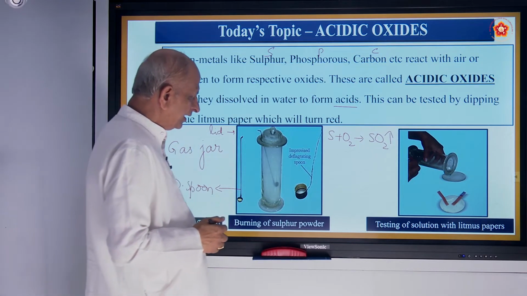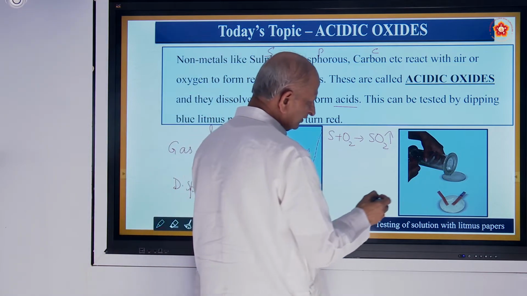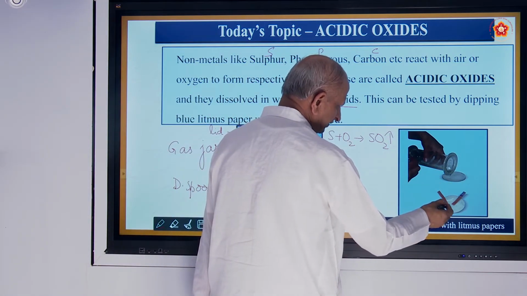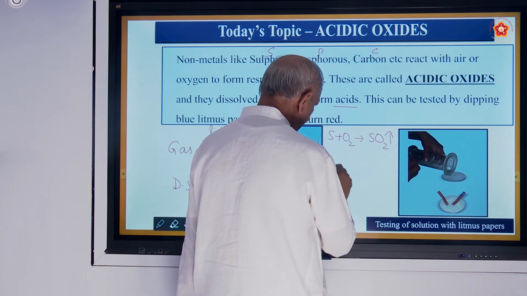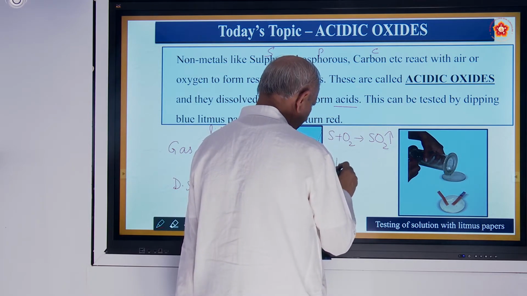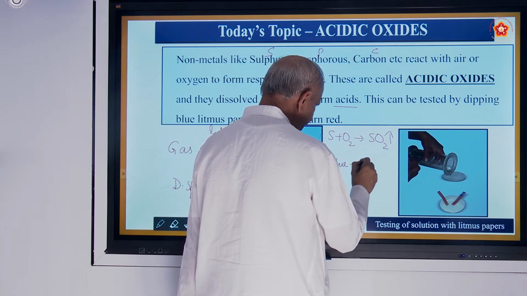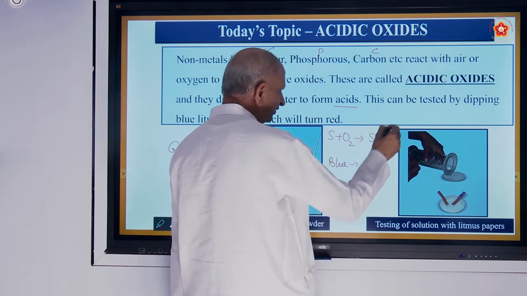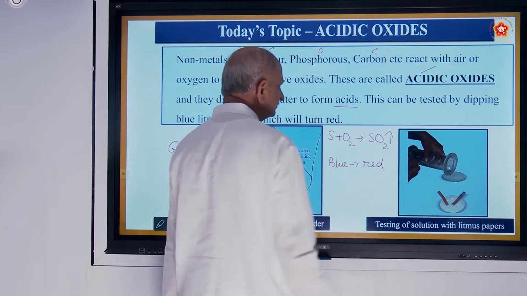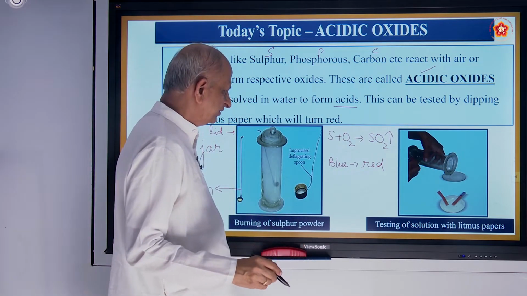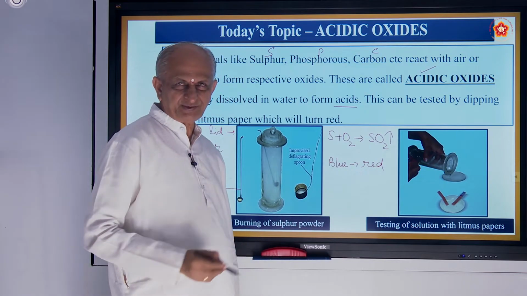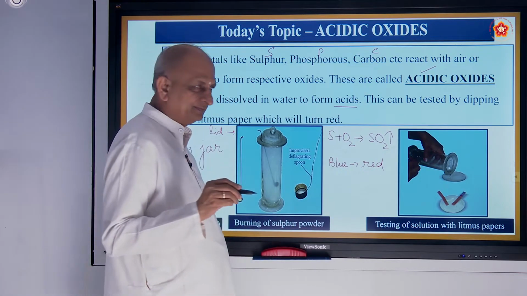After that, if you pour water and test it with the litmus, what happens? The blue litmus becomes red. That is because it is an acidic oxide. Similarly, phosphorus forms phosphorus pentoxide, carbon forms carbon dioxide, and so on.